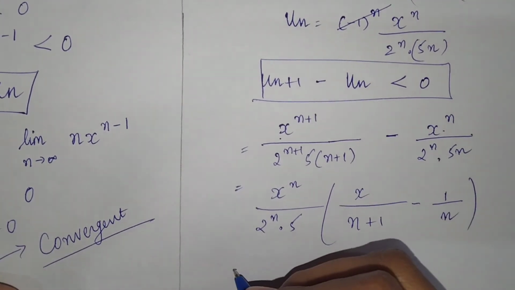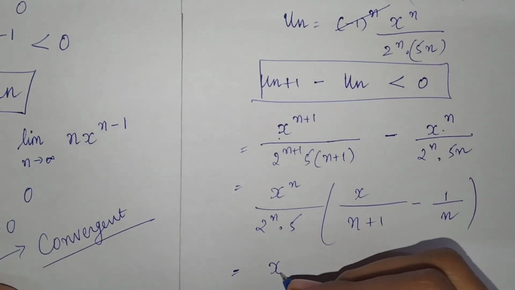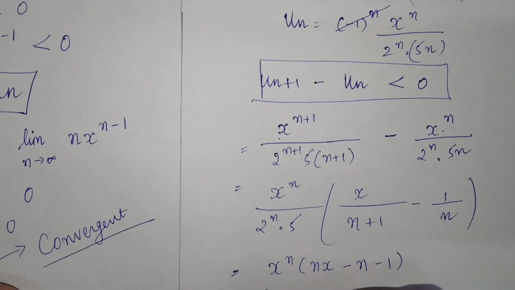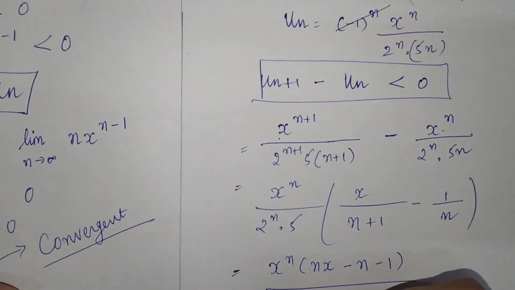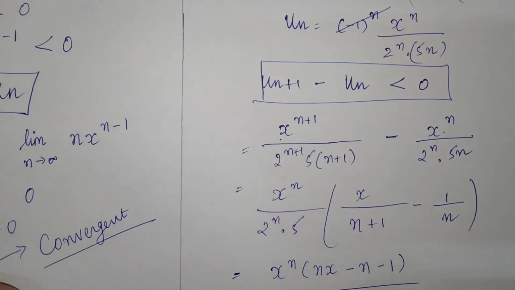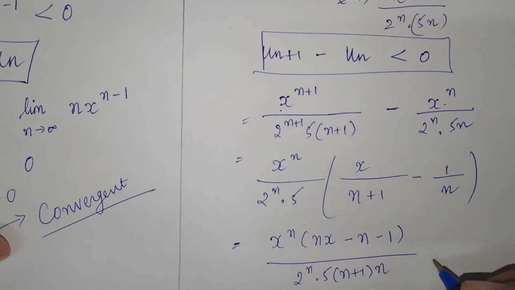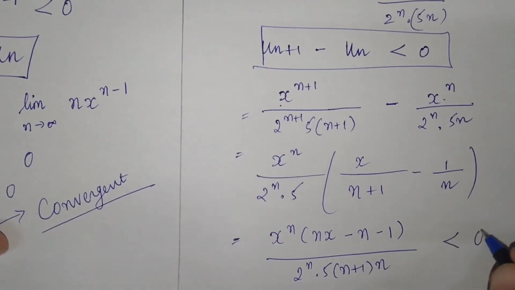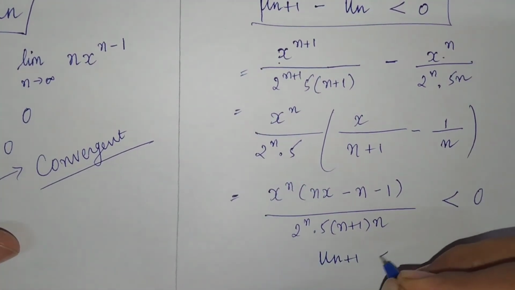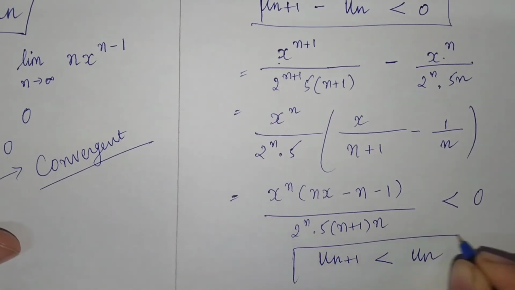Okay, and now if I take the LCM here, then I will get nx minus n minus 1 by 2 raised to n into 5 into n plus 1 into n. And now you can put the value and check, its value will be less than 0. So we can say that un plus 1 is less than un.